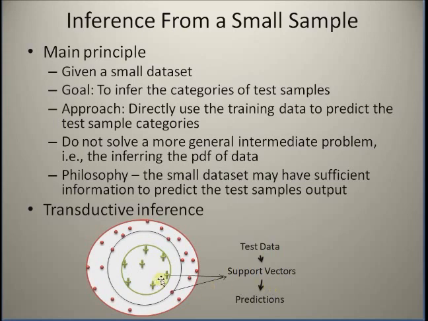That is, you are using the support vectors to make predictions about the test data instead of finding the posterior probability densities of the categories based on data. You just use the support vectors, that is, these vectors at the margins of the classes, to predict the categories of the test data.